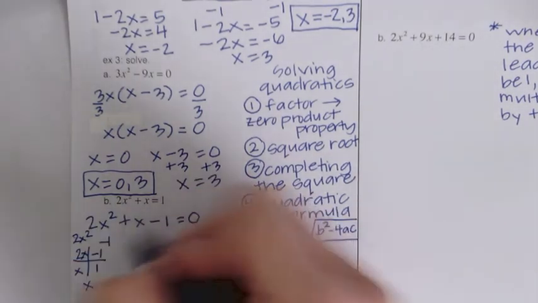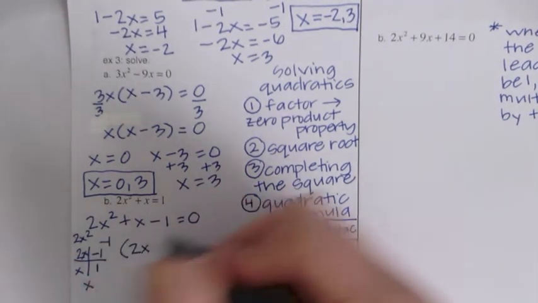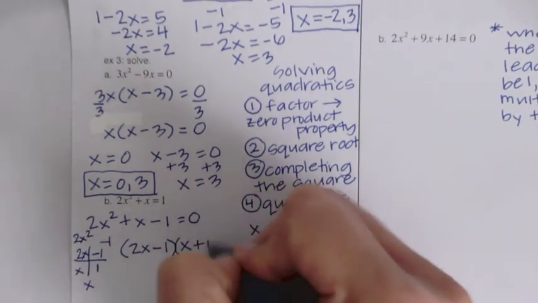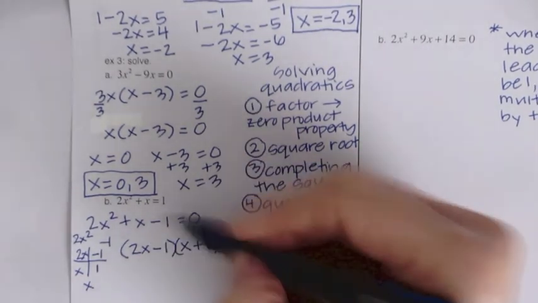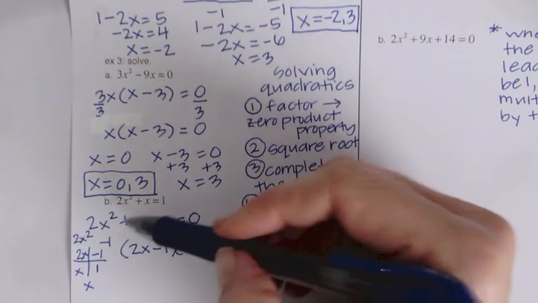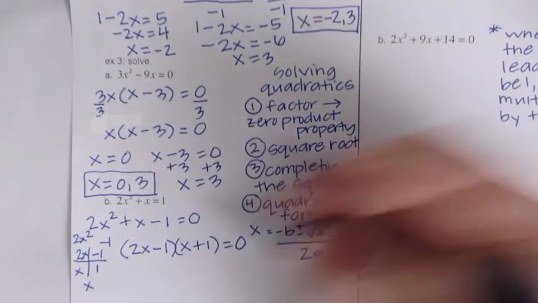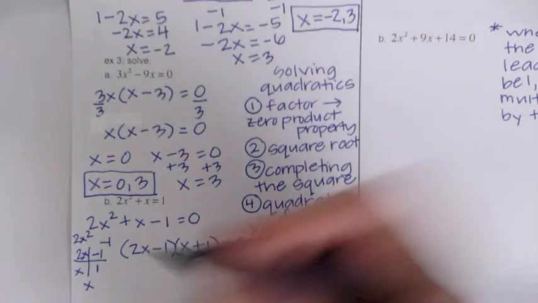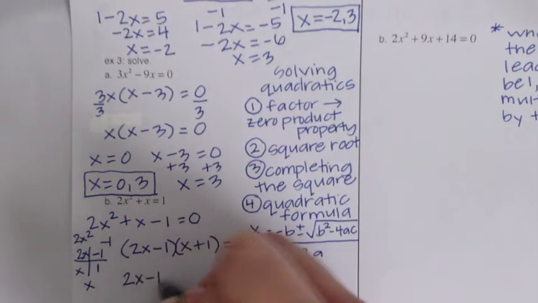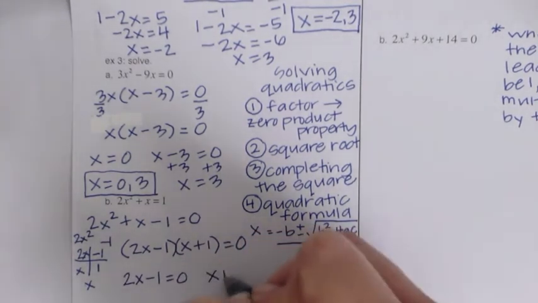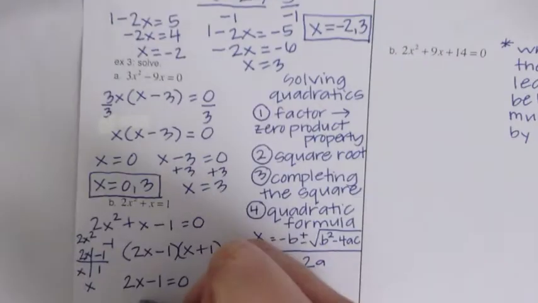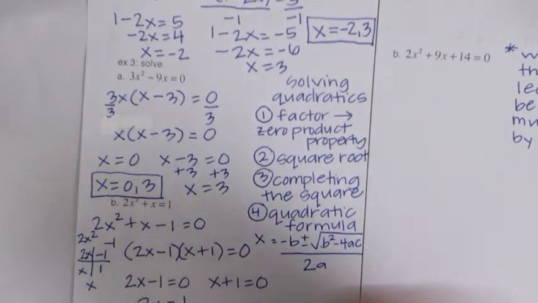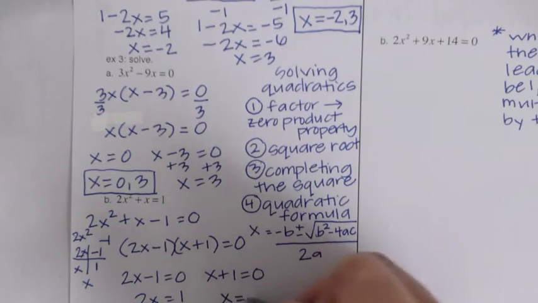So another way to write 2x squared plus x minus 1 is to do 2x minus 1 times x plus 1. Remember, if I reversed that procedure and multiplied it out, I better get the same thing that I'm starting with. I'm just choosing to write it in an easier way for me to solve. And then I'm going to set each piece equal to 0. And then I get 2x equals 1, or x equals 1/2. And then here I get x equals negative 1.